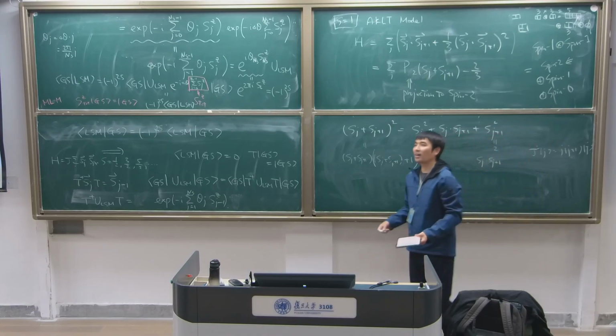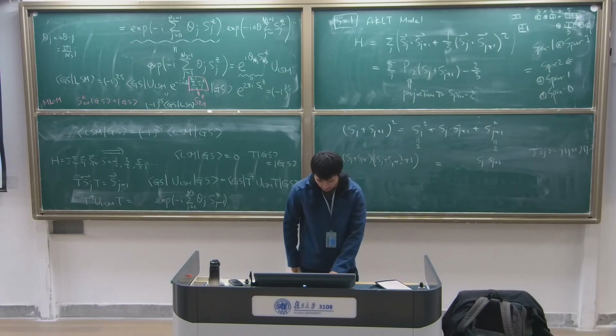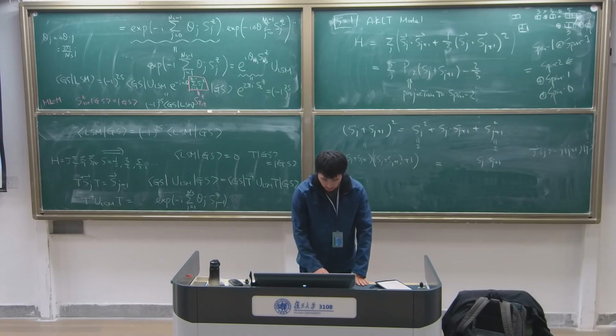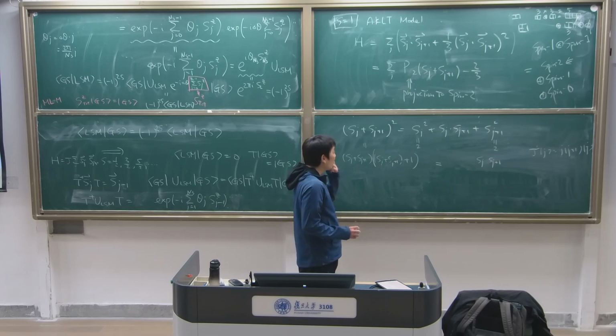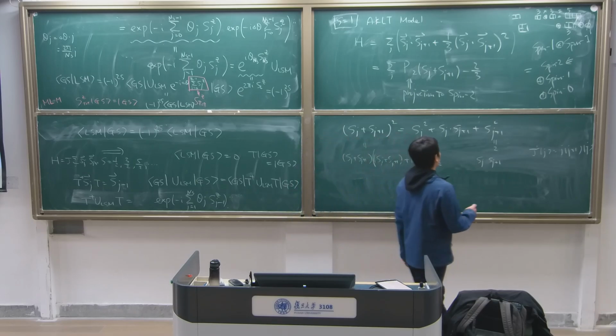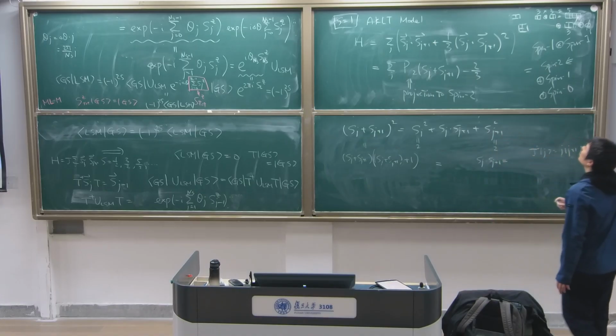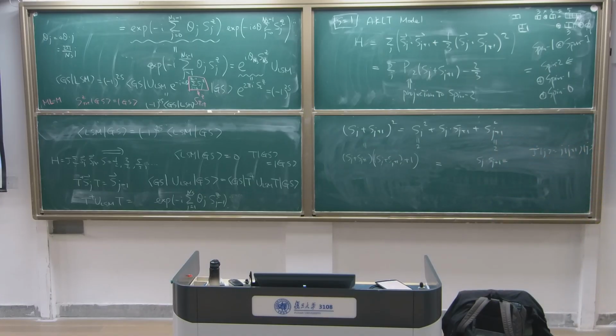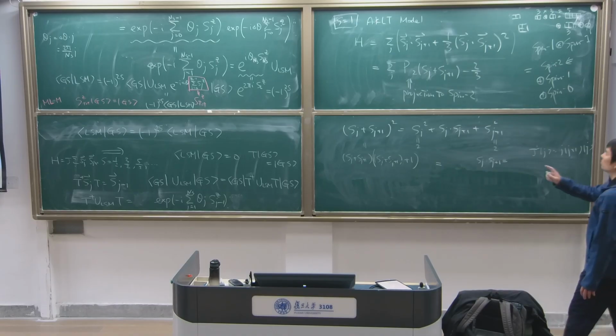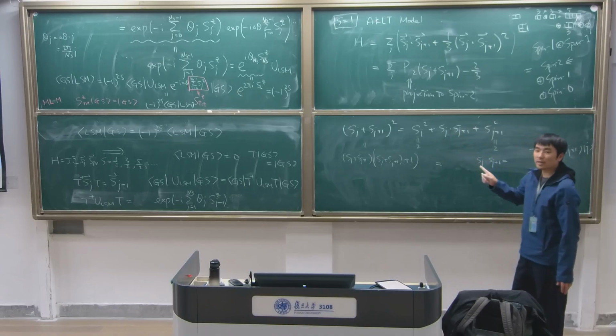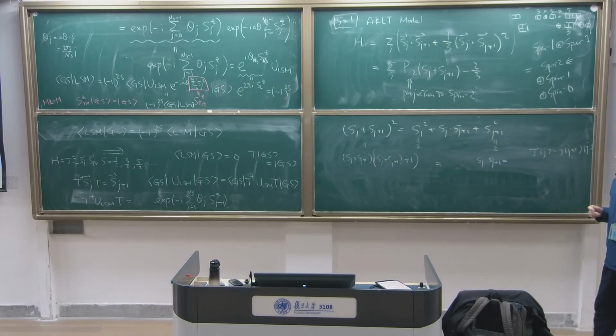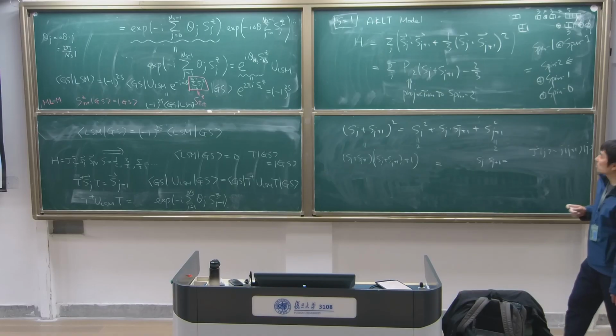Sorry, I'm confused. Just hold on. And then, what kind of value can S_j dot S_j+1 take?